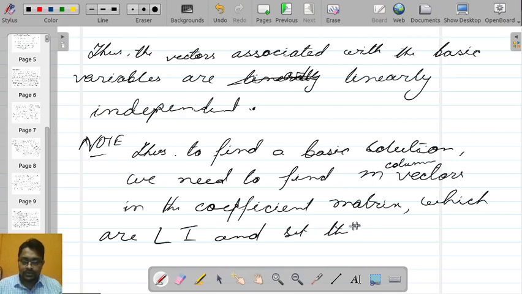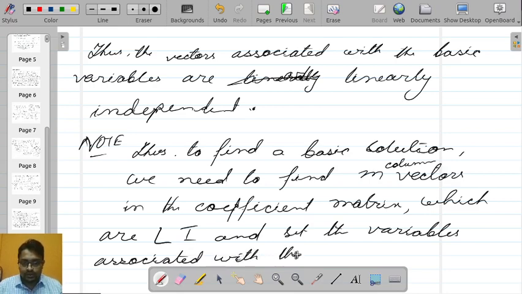And we have to set the variables associated with the remaining vectors to 0. Remaining how many are there? Remaining n minus m vectors.